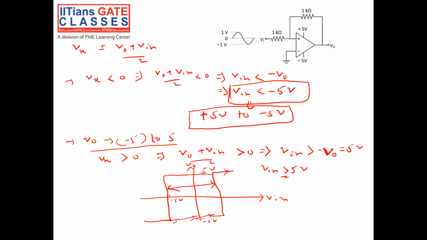If I go on increasing my input, then when my input reaches +5 volt, just after that it will go to +5 volt and it will stay there. So for switching the output from +5 to -5, I need my V in to be less than -5 volt. For switching the output from -5 to +5, I need my V in to be greater than +5 volt.